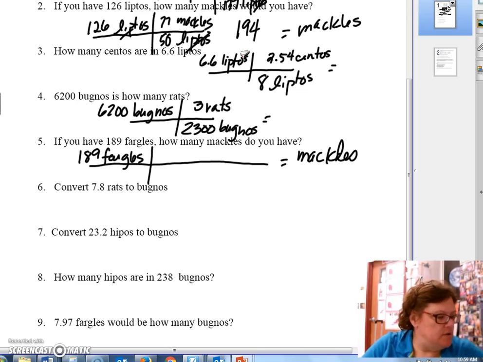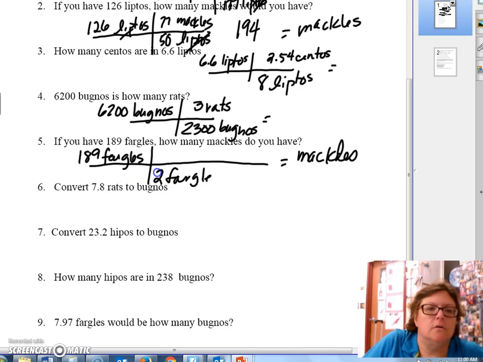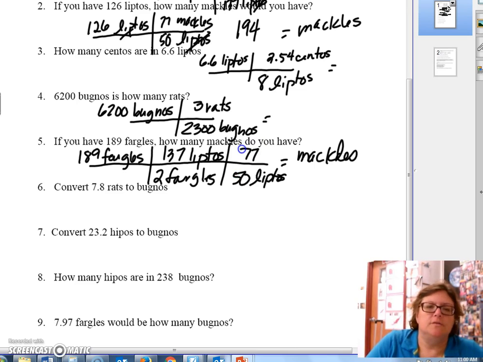We're going to use 2 Fargals for every 137 Liptos. And then to change Liptos to Mackles, 50 Liptos to 77 Mackles. Liptos cancels, Fargals cancels, we have an answer in Mackles.